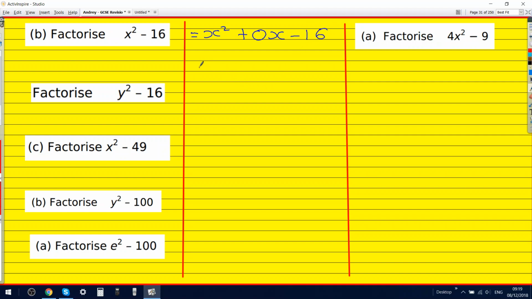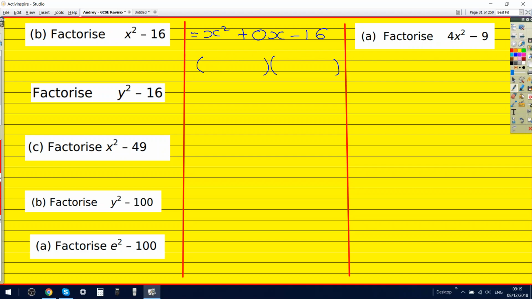And so it's going to be, so three things with nothing in common. So it's going to be two brackets. They have to multiply to make minus 16 and add to make 0. Okay, so add 0.